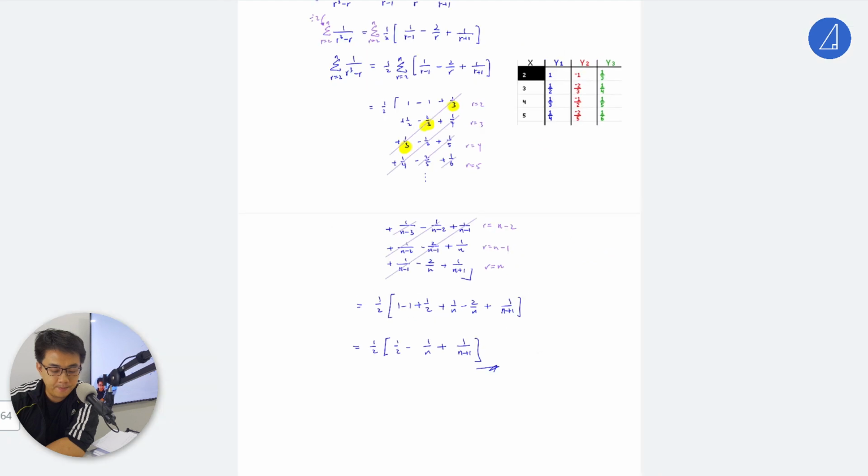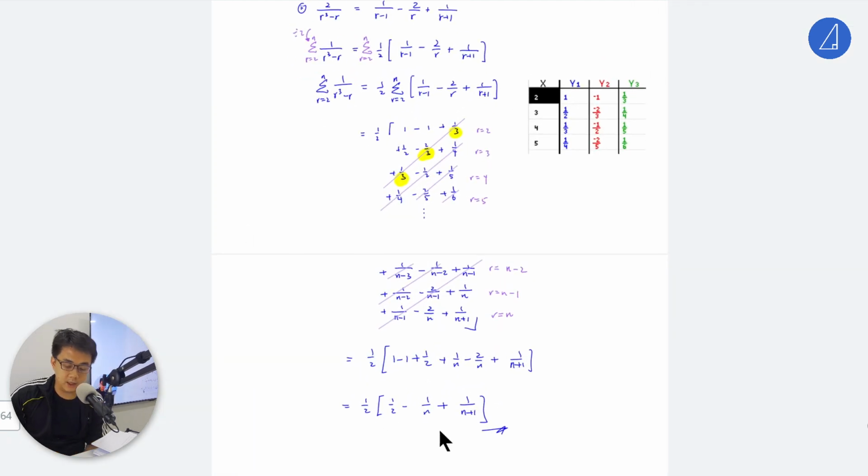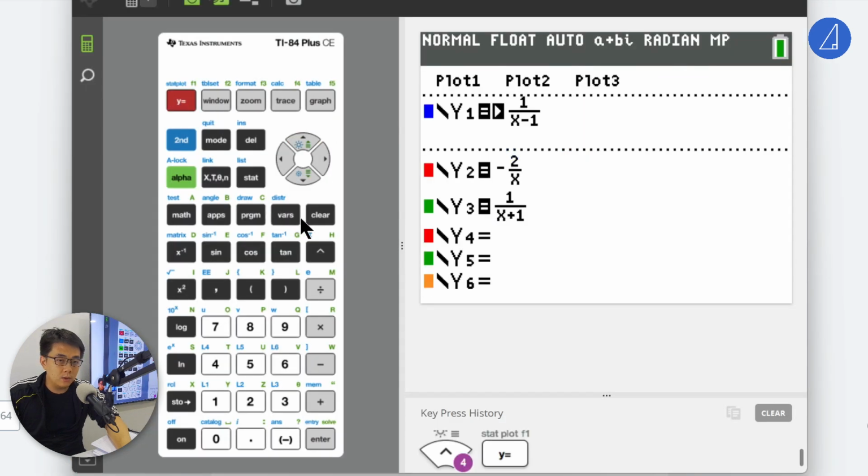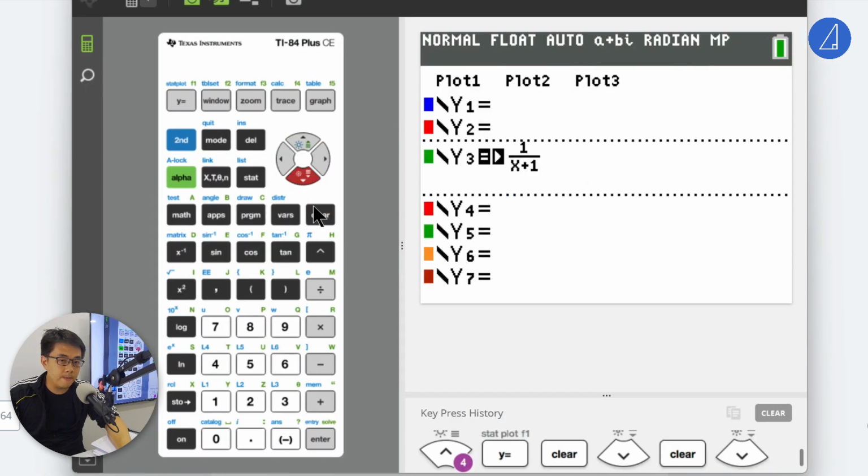In exam, please don't just leave this as it is. You can actually check your answer using a calculator. You key this answer in the calculator, then key the question in the calculator. Please practice using that because you don't want to be too sure of your answer. I'll show you how. You key into calculator, then you compare your answer.